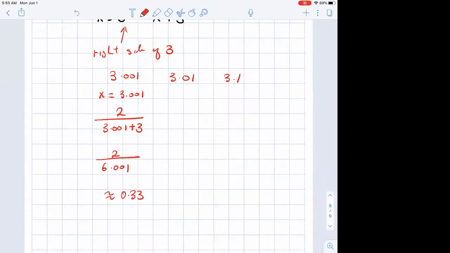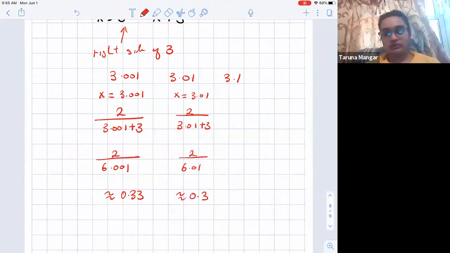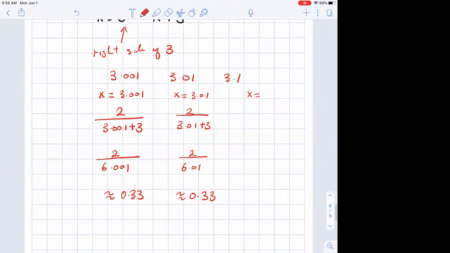Let's see what happens here. x is equal to 3.01. So this becomes 2 over 3.01 plus 3, which is 2 over 6.01, which is approximately 0.33. And if you try x equal 3.1, you're going to get 2 over 3.1 plus 3, which is 2 over 6.1, which is approximately 0.33.